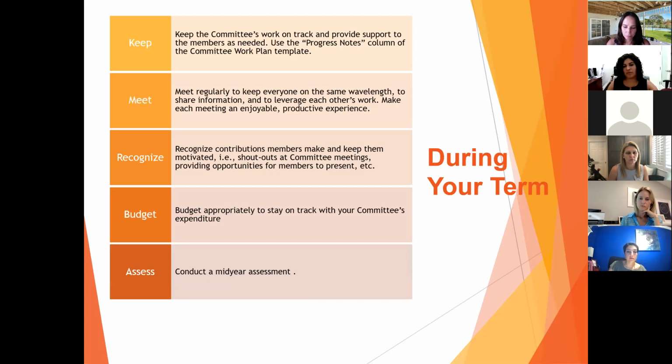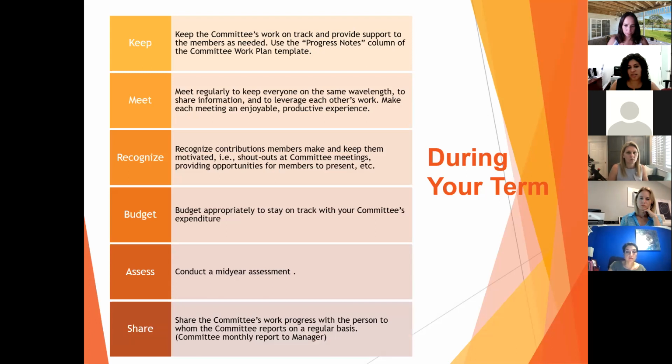Also, sometime around mid-year, we usually ask you to do an assessment, and that's really when you check in with your manager and see where you are and how far you've come on the goals. Once again, as we said, your main way of sharing is your reports. Everybody here will have a great relationship with their manager and you're going to reach out to them.